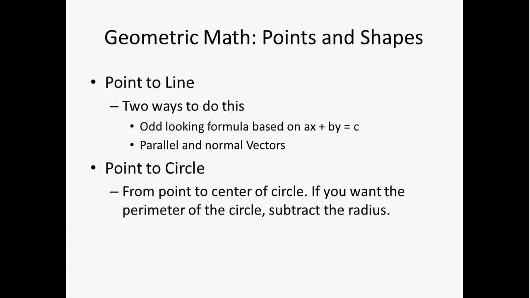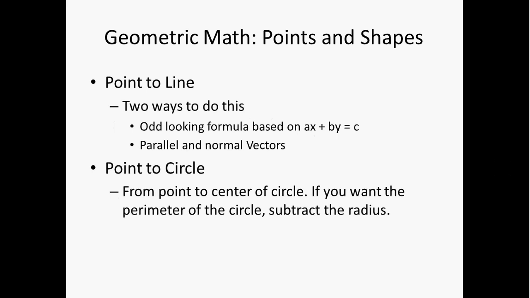So when you're doing calculations that involve points and shapes, it's going to boil down to the distance between a point and some shape. So distance between a point and a line, I know of two ways that you can do this. One way is based on an odd looking formula I found on Wikipedia. And if you want to see that, you can go there. It's still there.